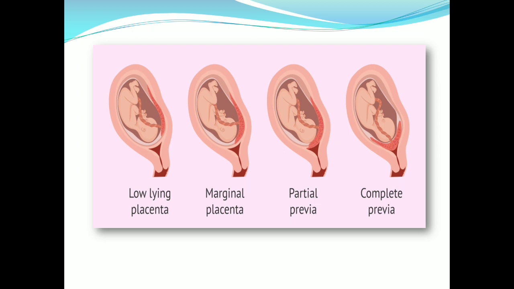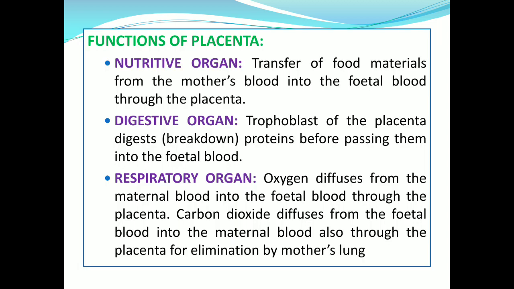On the basis of position of placenta, it is of different types: low-lying placenta, marginal placenta, partial previa and complete previa. Next topic we will study is function of placenta.